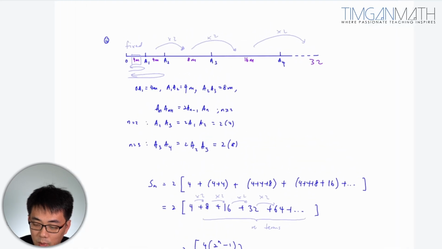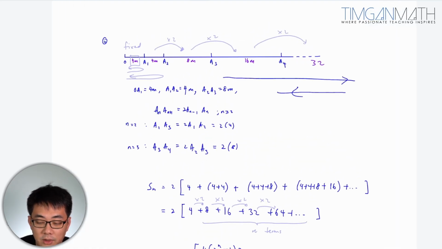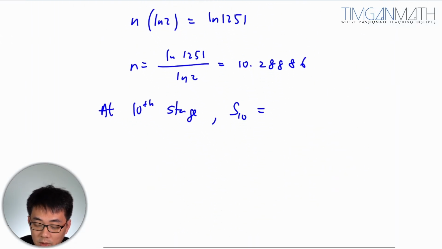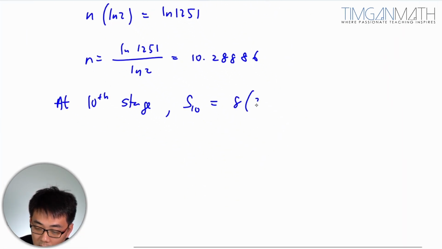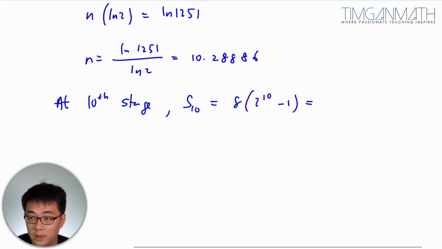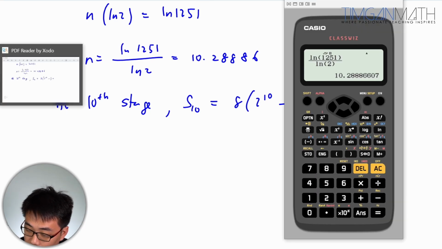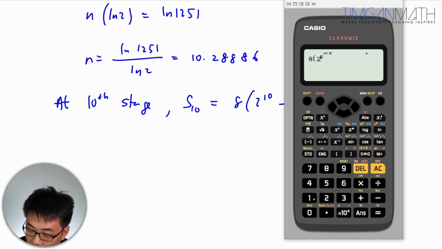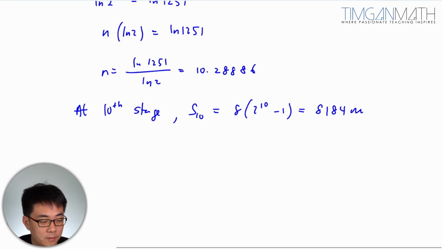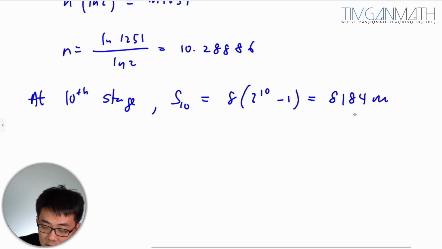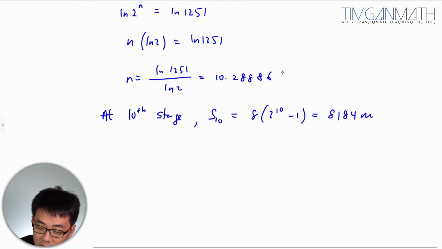The problem now is we need to know whether he is traveling in this direction or that direction. So I'm going to find out at the 10th stage what is the total distance already covered. So 8 times 2 to the power of 10 minus 1, and that will give us, keying in the calculator, 8184 meters. Meaning the athlete is now in the 11th stage.